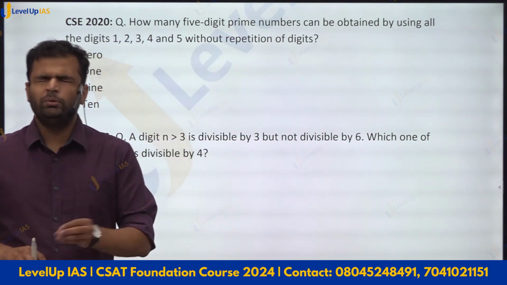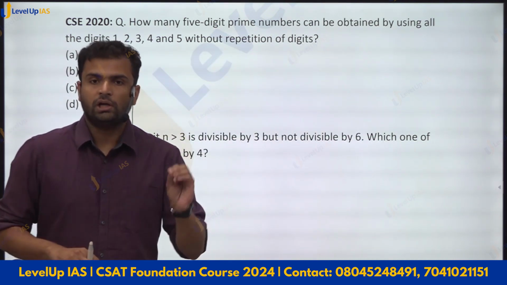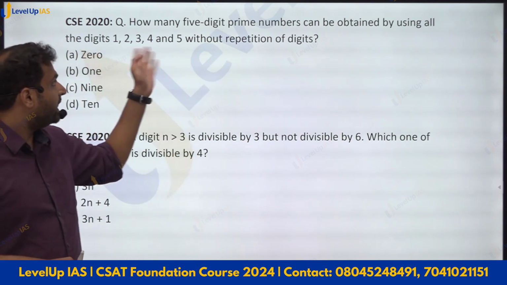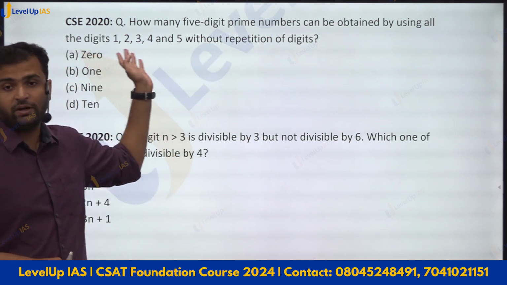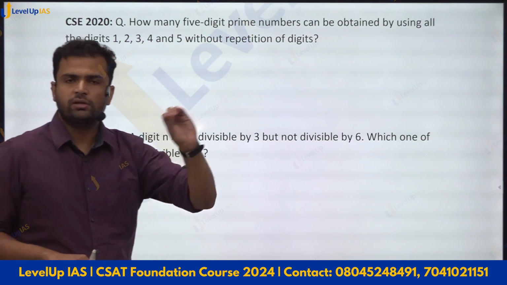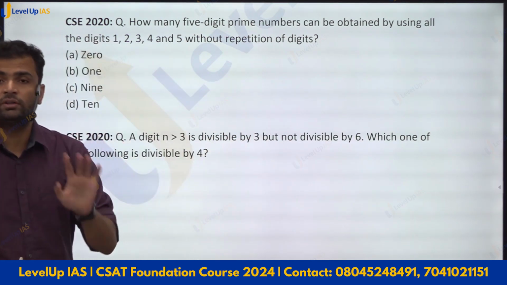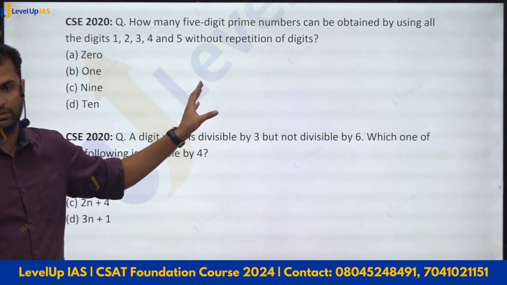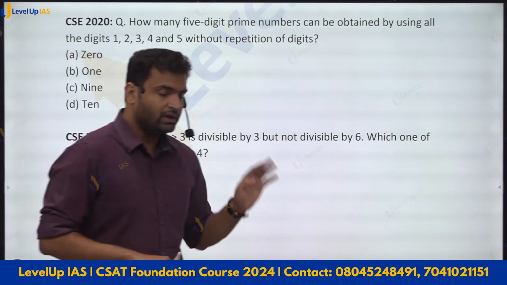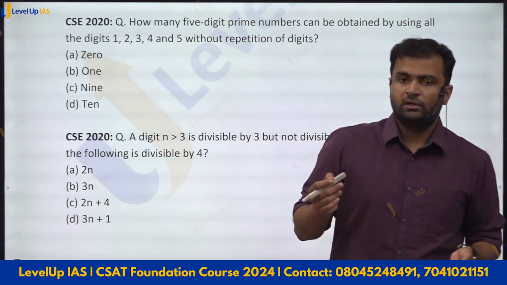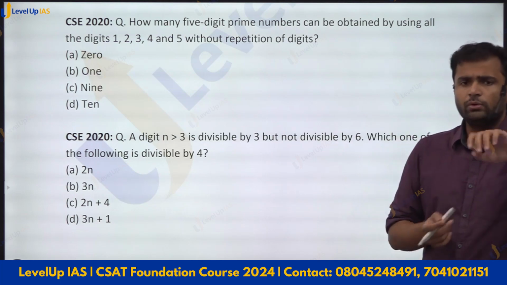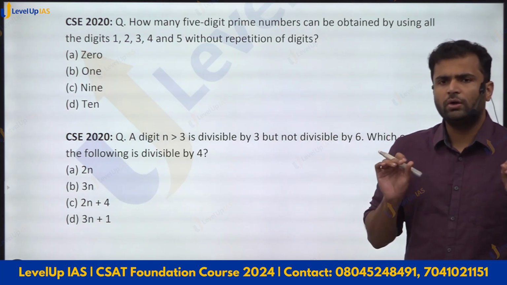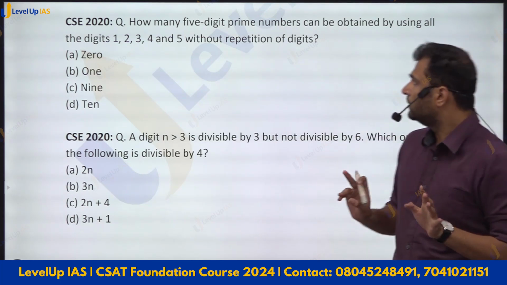So UPSC or anyone will not ask you to manually find all the prime numbers that are 5-digit numbers. It is just not possible. It is not even possible for 3-digit numbers, let alone 5-digit numbers. So ultimately we just have to see pattern, and we have to comment using only logic and no formulas.